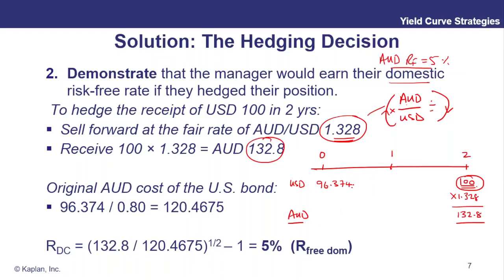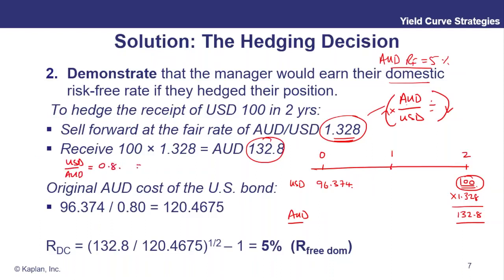The amount of Aussie that we start with, now you might remember, seems like a long time ago now, but at the start of this particular question, they gave us an original exchange rate of US dollars per Aussie dollar of 0.8.